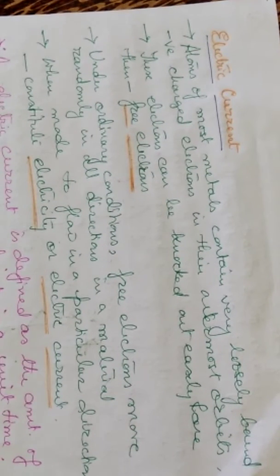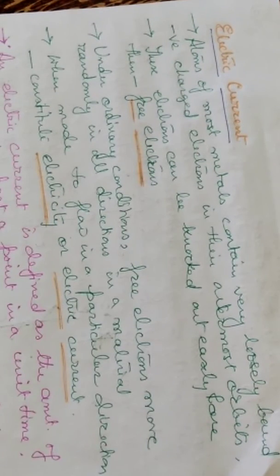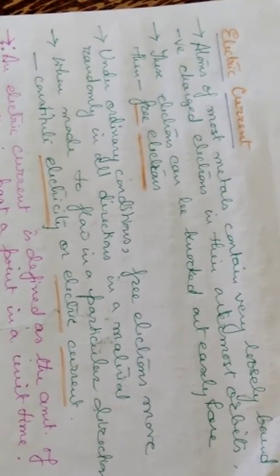Under ordinary conditions, free electrons move randomly in all directions in a material. But when they are allowed to flow in a particular direction, they constitute electricity or electric current.